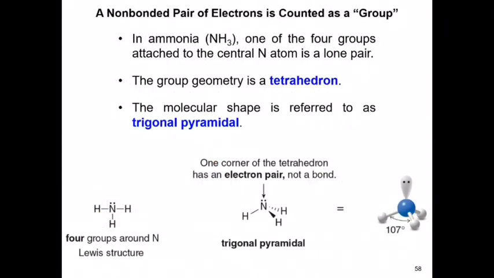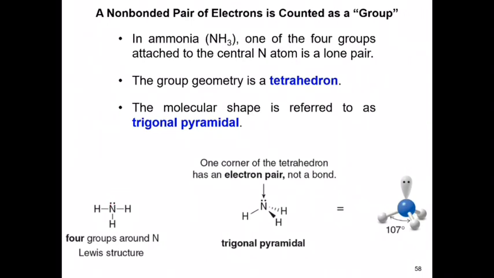Earlier, I mentioned that a lone pair on a central atom is considered an electron group. Ammonia, for example, has this chemical formula NH3, and this is the Lewis structure. You can see that the central atom, nitrogen, has a lone pair. Ammonia has a total of 4 electron groups. It has 3 single bonds and a lone pair for a total of 4 electron groups, which gives it a tetrahedral electron geometry.